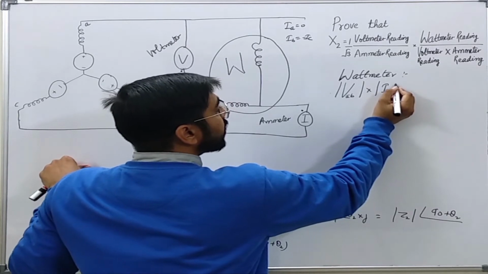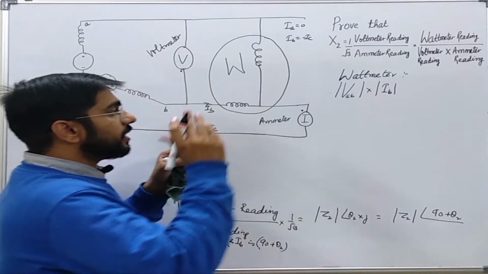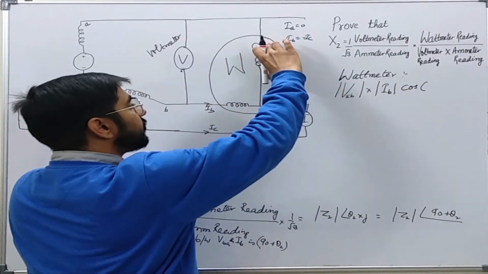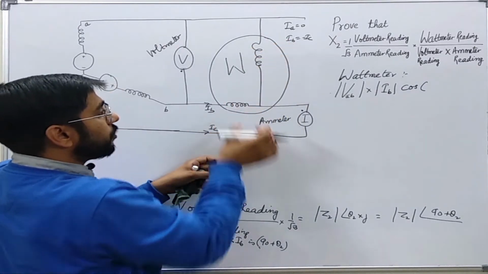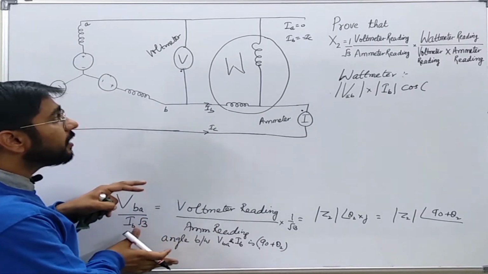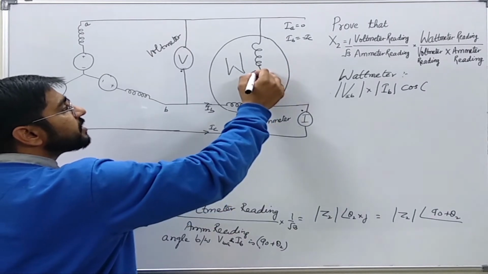The current in the current coil, this coil, and the cos of the angle between this voltage input and the current input. Now from this example we have seen, let us say this wattmeter coil is measuring VBA.